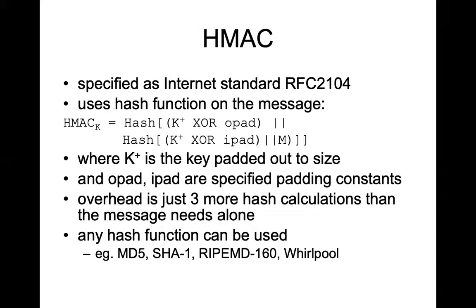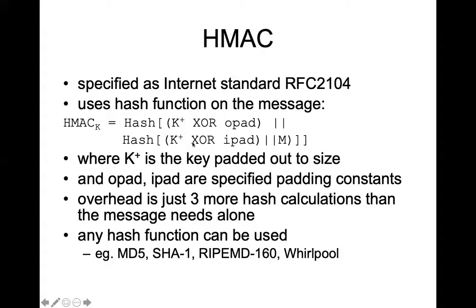Okay, so again, if you want to learn about the HMAC standard, that's RFC 2104, and this is the exact way in which you compute the HMAC. Here's the message, and there is something called an input and an output pad that's XORed with the key, and then you hash it, and then you concatenate it in this particular way.